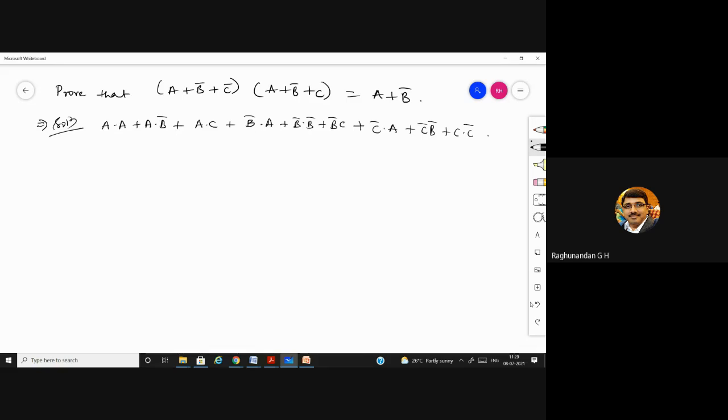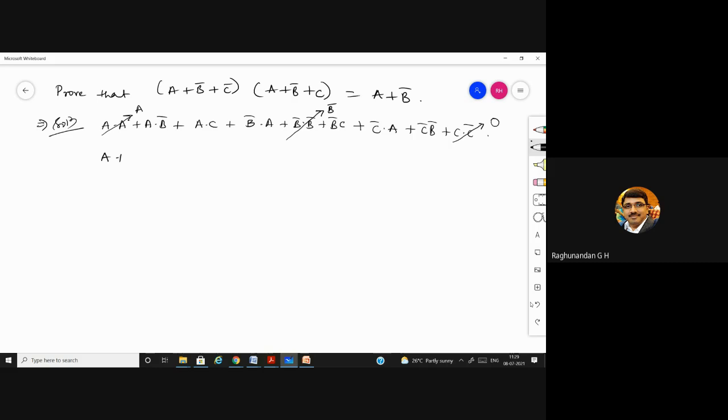So now, what is B bar into B bar? It is B bar. A into A is A. C into C bar is 0. Can you simplify anything?